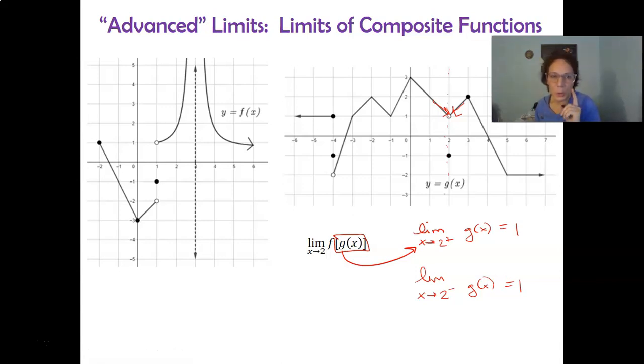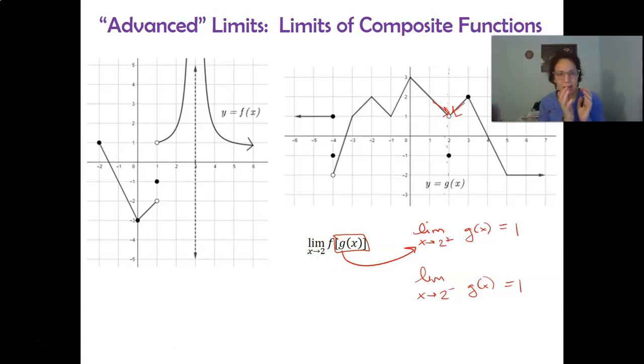Remember, we're approaching 1. And it wouldn't matter from which side we were approaching 1 if the only question was, what's the limit as x approaches 2 of g of x? If this were the only question, our answer would be 1 and we'd be done. The thing is, this answer from g of x is about to become another number we're approaching.